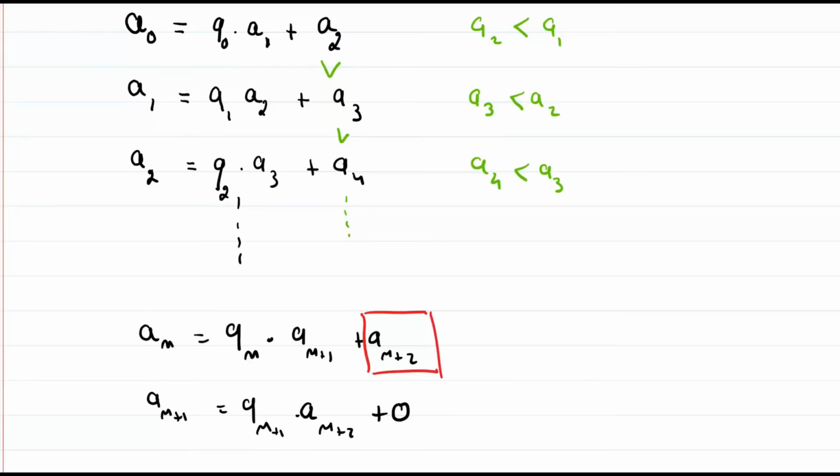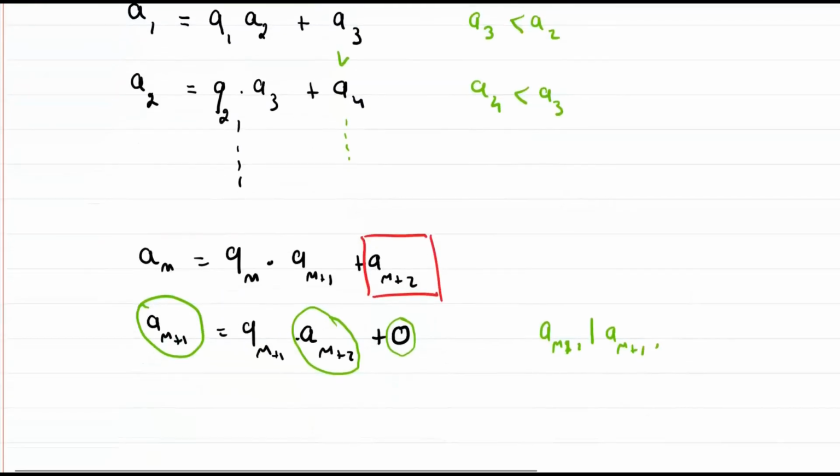Well, first of all, when I divided a_(n+1) by a_(n+2), the remainder was 0. So, in fact, a_(n+2) divides a_(n+1). And what's the greatest common divisor of these two? The greatest common divisor of a_(n+1) and a_(n+2) is just a_(n+2), because a_(n+2) divides a_(n+1).